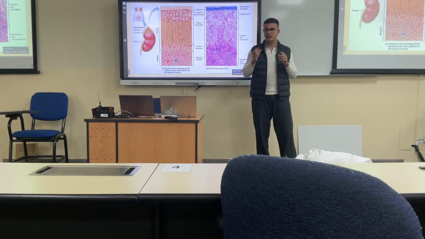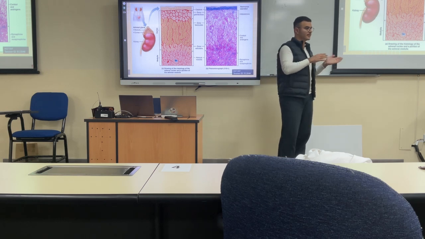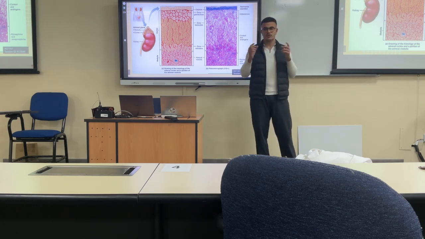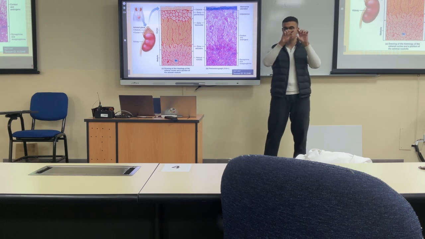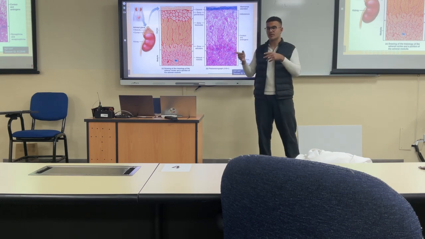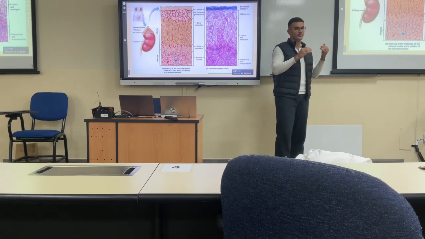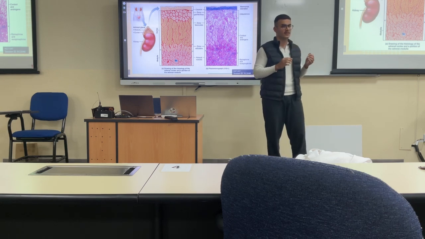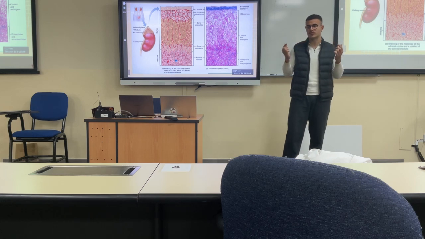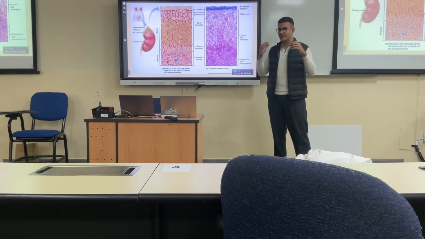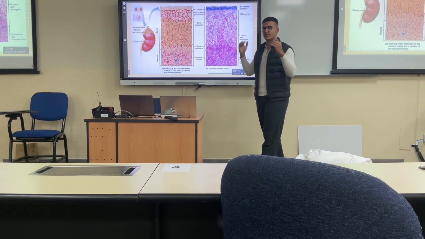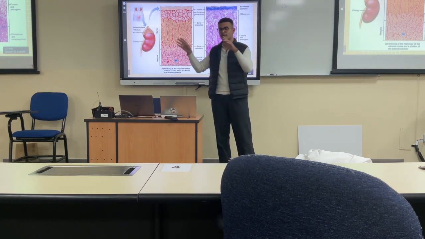Mineralo, you can guess, is related to minerals, salts and ions. Corticoids because it's from the adrenal cortex, and the oids because they are steroid-based hormones. The main one is a hormone called aldosterone. We can expect that aldosterone has something to do with the regulation of certain minerals and ions.